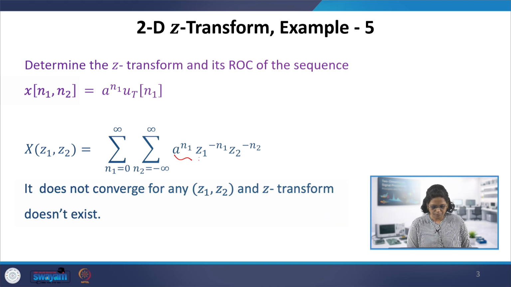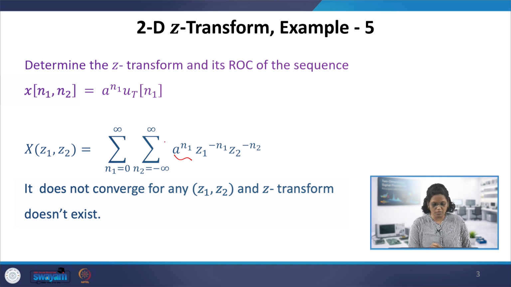So we can check whether this can converge or not. If you write this, a over z1 to the power n1, and z2 to the power minus n2. If n2 is varying from minus infinity to plus infinity, this sequence doesn't converge. We could not find the closed form solution for this case.